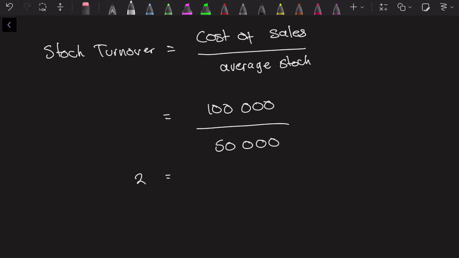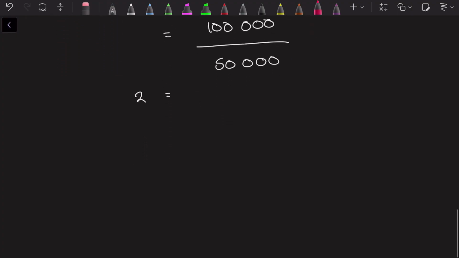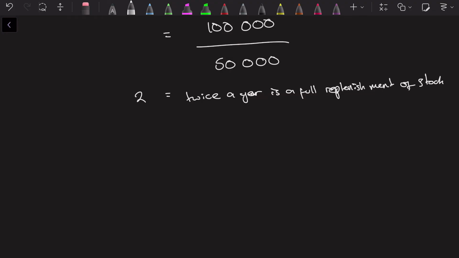Now this formula is in times per year. So that means the full stock is gotten rid of and replenished twice a year. Okay, so twice a year is a full replenishment of the stock. If you want it in days, it's just logical.